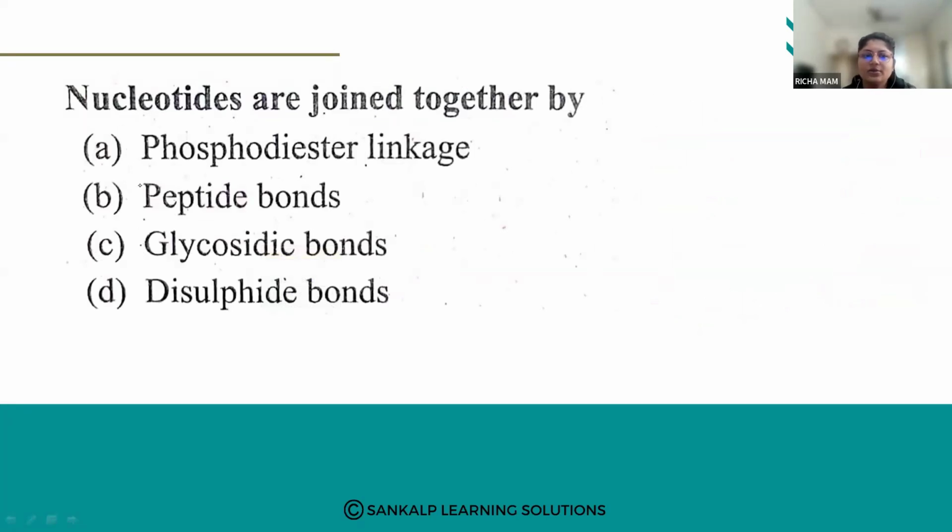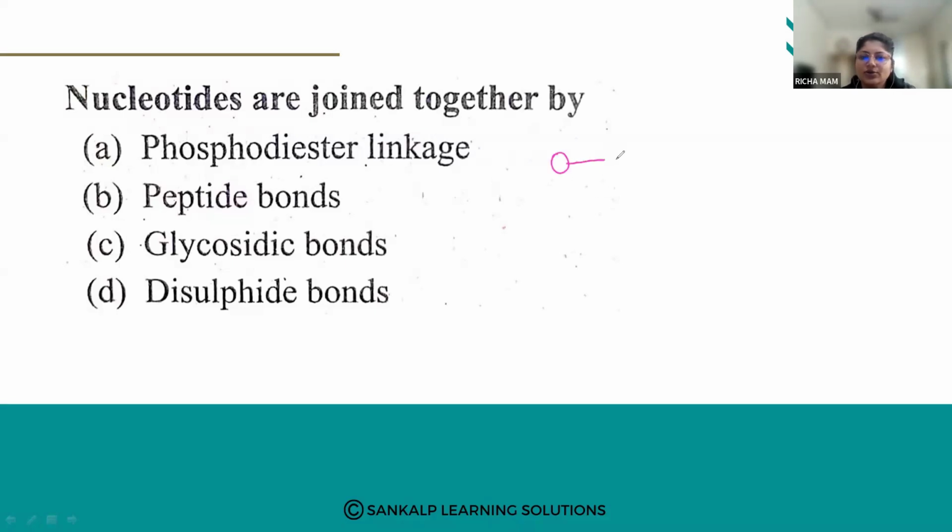Nucleotides are joined together by phosphodiester linkage, peptide bonds, glycosidic linkage, glycosidic bonds, or disulfide bonds. How are the nucleotides joined?